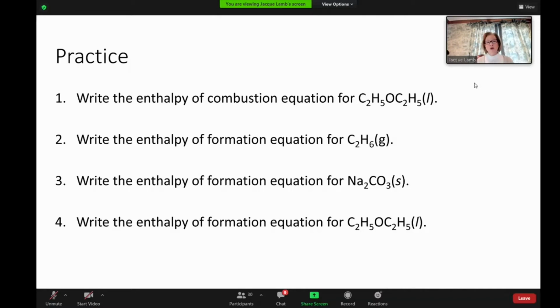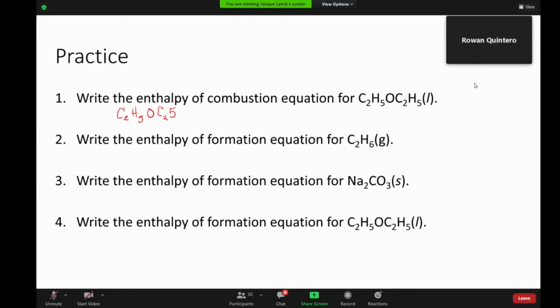So the combustion equation, and this is diethyl ether. What you're talking about then is C2H5. These are written the way an organic chemist would write it, which is supposed to give you a hint on how those substances are linked together. Notice that you have a chain C2H5 on either side of an oxygen.